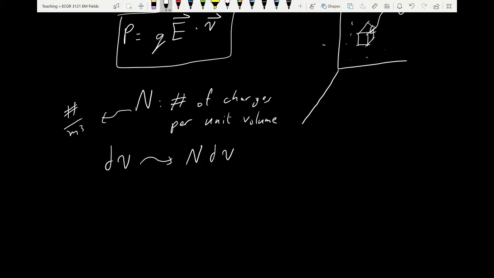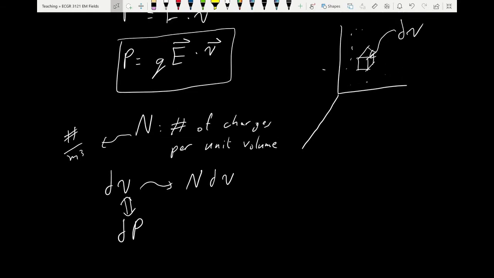So what is the power dissipated at a point? Let me call it dP. So this is the power dissipated in this volume. We just use this same formula.